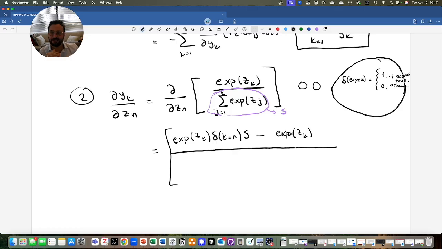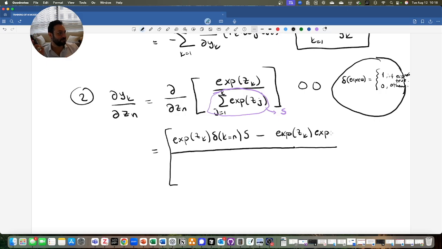Okay, now the second one, summation for all of the zj's. It goes through all of the zj's, j equals 1 to K, and I'm trying to take the derivative with respect to zn. Zn exists in the summation. Everybody else disappears, but the zn stays.